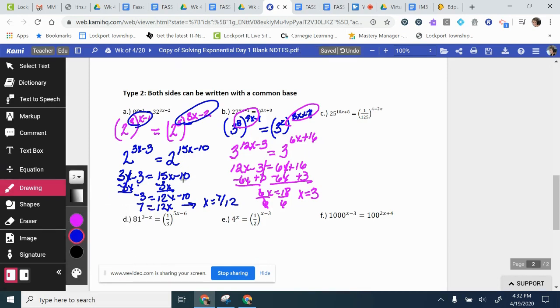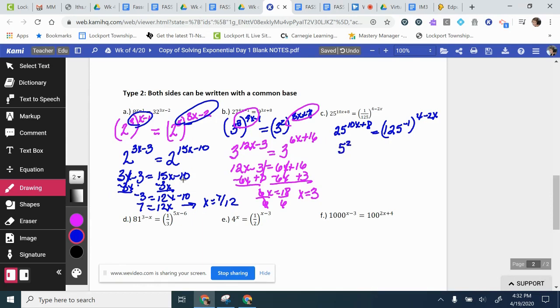All right, again, we might want to do this in 2 steps. So 25 to the 10x plus 8 equals 125 to the negative 1 to the 4 minus 2x. And now again, I can't write 125 using base 25, so I'm going to change both bases.